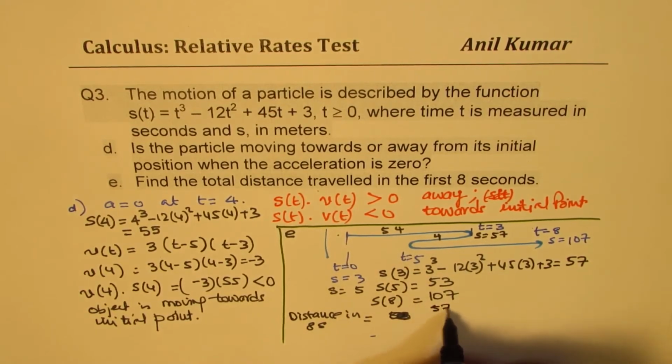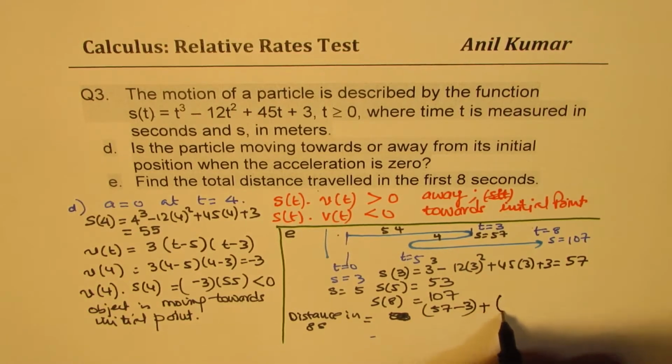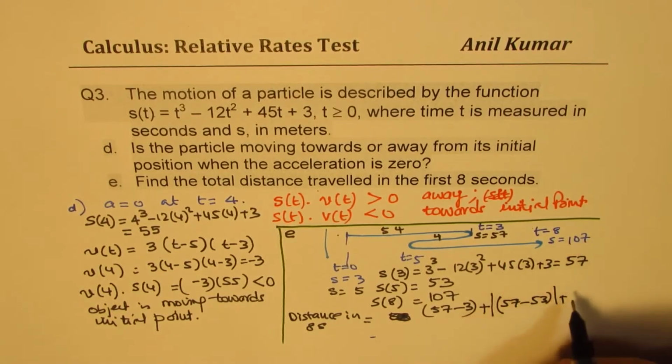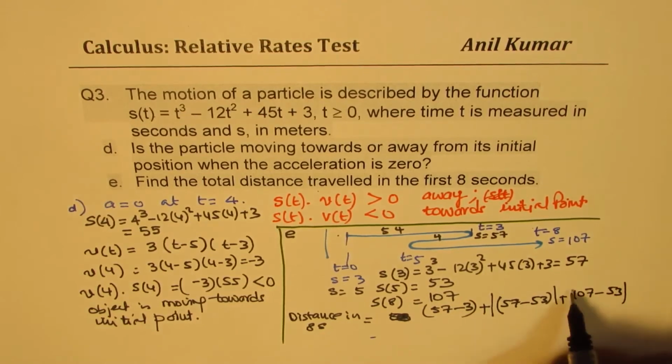So it is 57 minus 3 plus the absolute value of 57 minus 53 plus 107 minus 53. Correct? These are the absolute values. That should be okay.